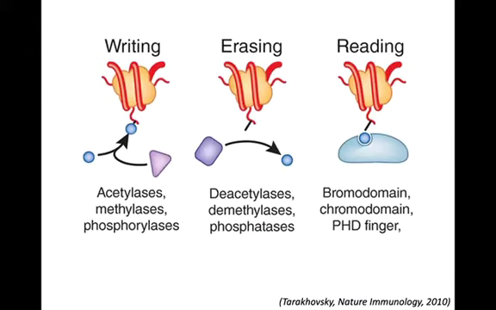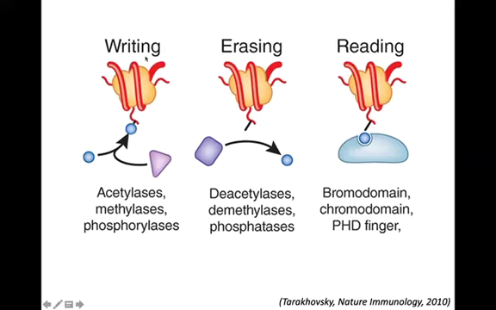Generally, there are three types of proteins: writers, erasers, or readers. The writers are the proteins responsible for adding the signal over the histone protein.